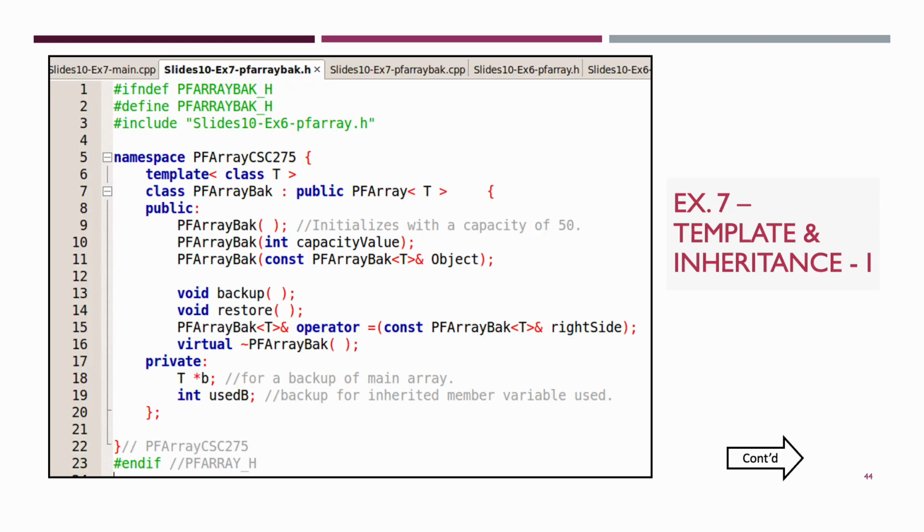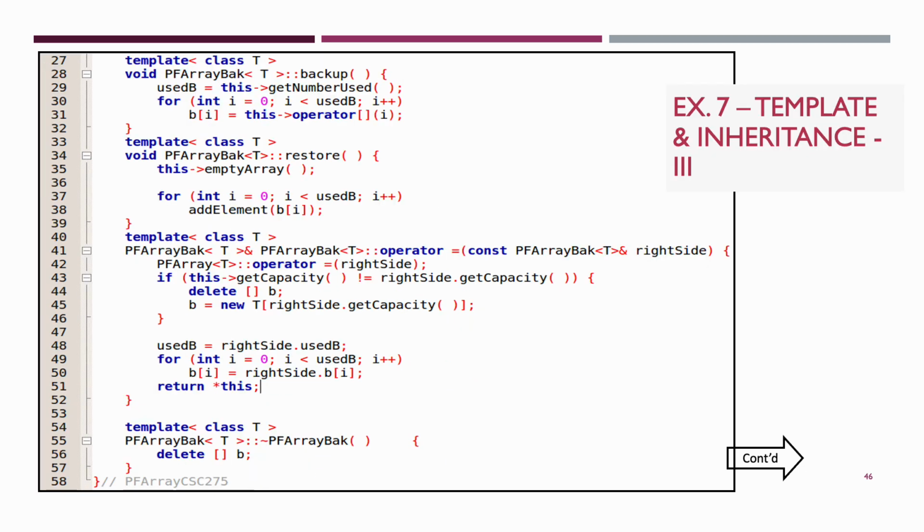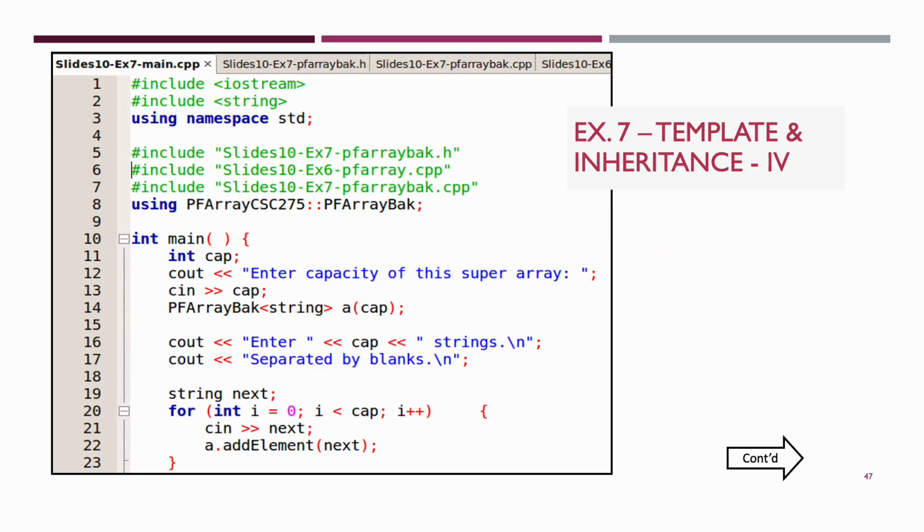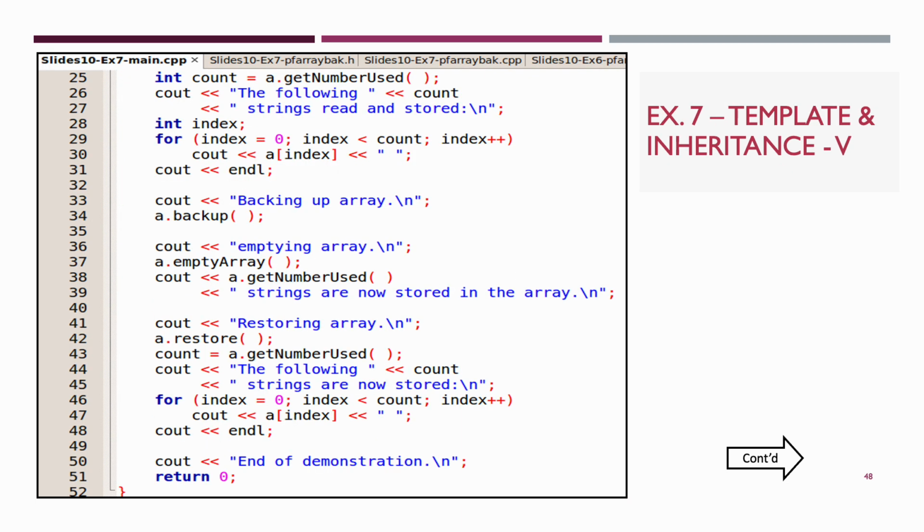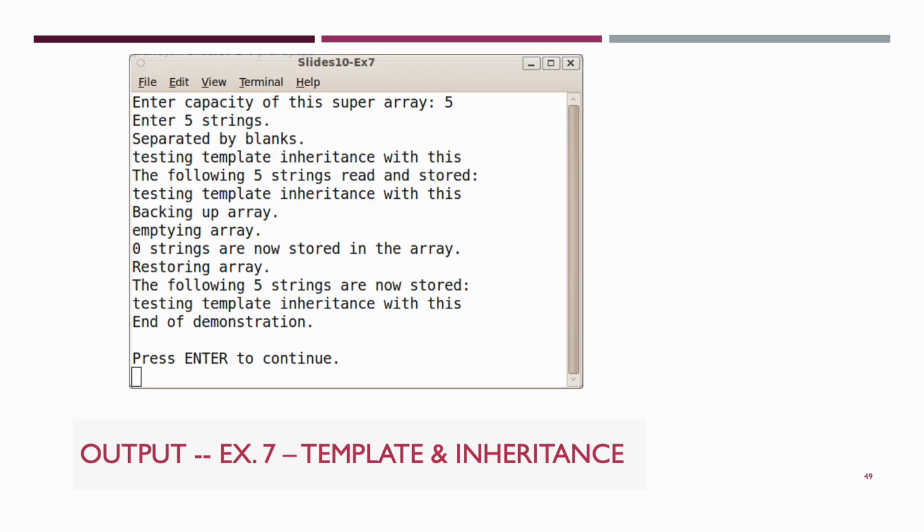We'll see an example to show you the inheritance. This is how it will inherit. It can access all public and protected members and functions from the base class PFArrayBak, and then it can utilize them as needed. So you will also go through the whole code, and we have this output here, and then you will let me know if you have any questions.